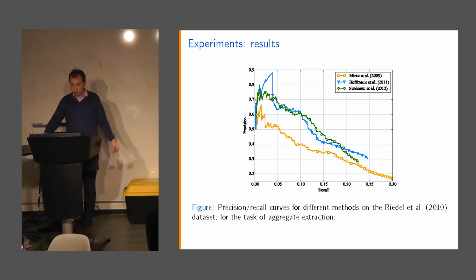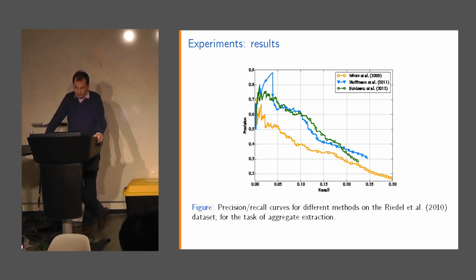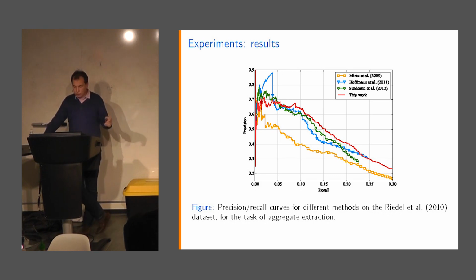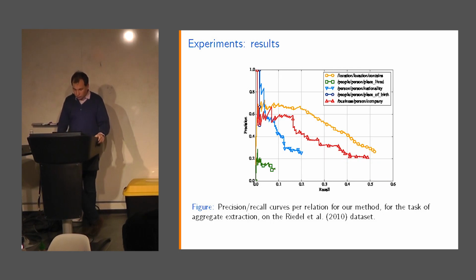Then these are two methods based on latent variable models, which are not convex and suffer from the initialization you're using. And here is the method I've just described. Obviously it would be interesting to initialize the previous models using the method I've described, which I haven't done yet.